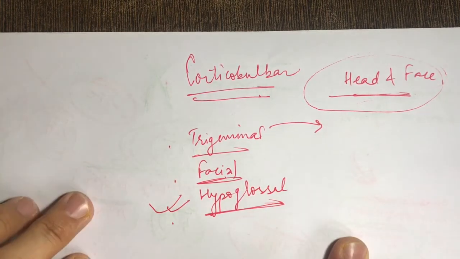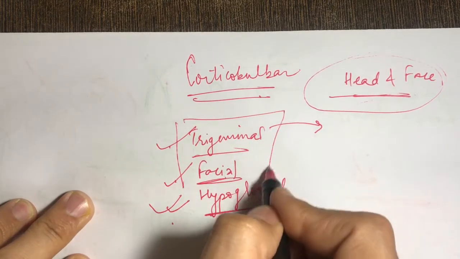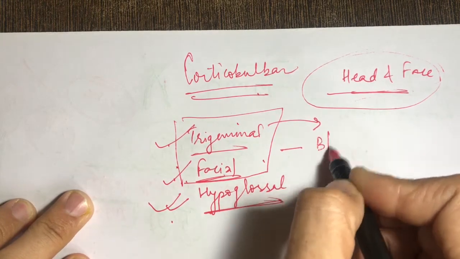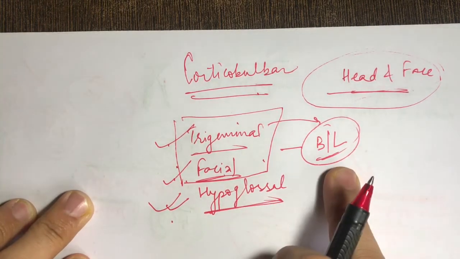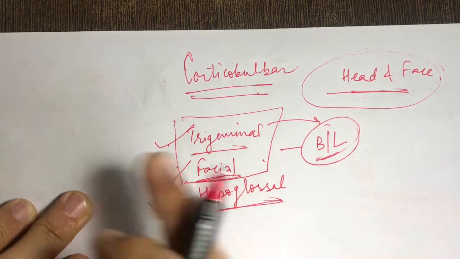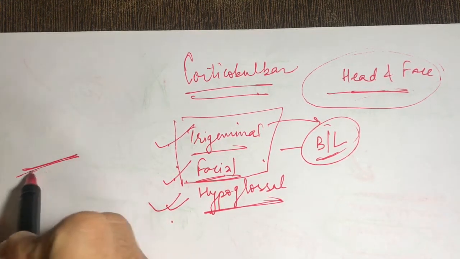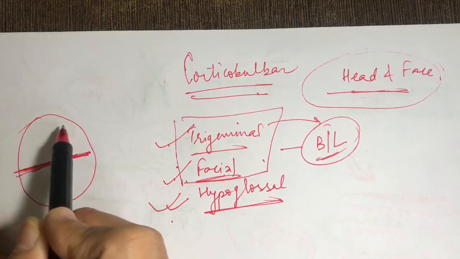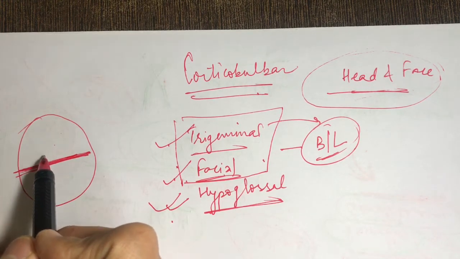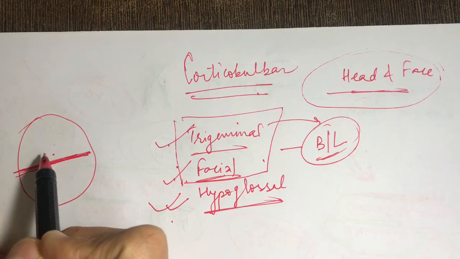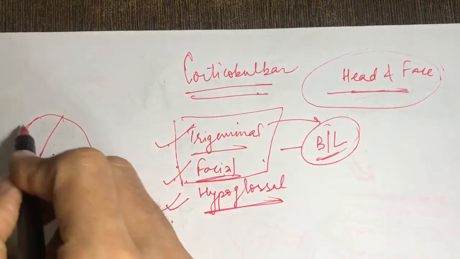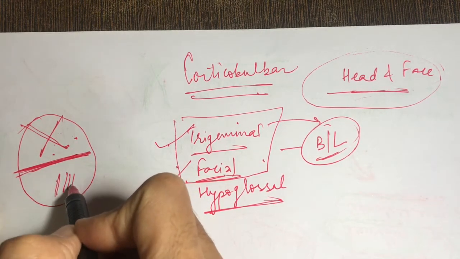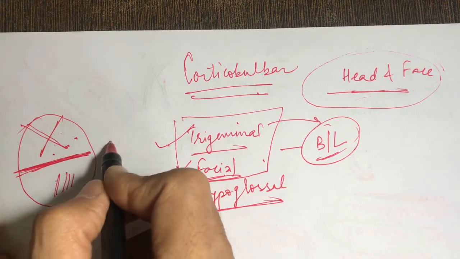The trigeminal motor nuclei and the facial motor nuclei receive cortical representation bilaterally. The motor neurons that innervate the muscles of the upper part of the face receive approximately equal numbers of axons from both cerebral hemispheres, whereas those innervating the lower face receive fibers mainly from the contralateral side.